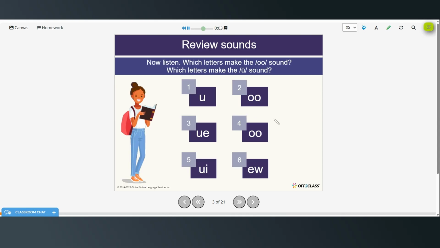Uh, ooh. So the sound can be made with either one or two, and then the sound can be made with three, four, five, and six.